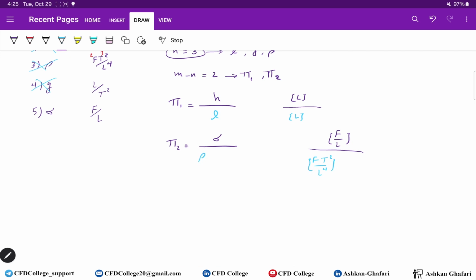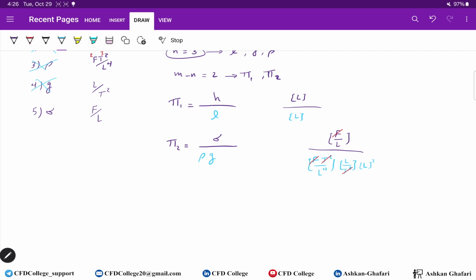So we need rho here. Now we have T square, we should cancel it. Gravity has this unit, L over T square. So it's G. Now what do we have? F is gone, T2 is gone. We should have length in the denominator. Now we need L square.